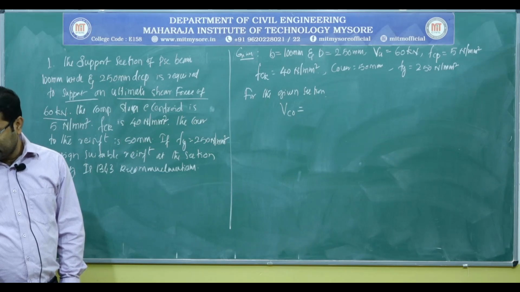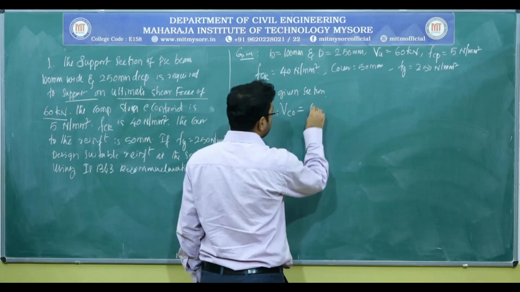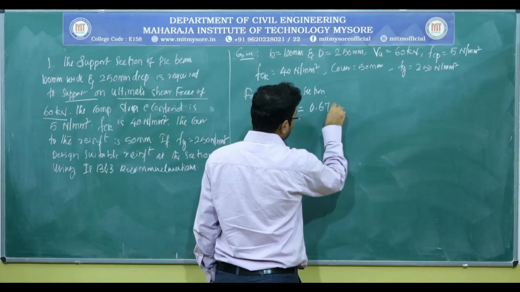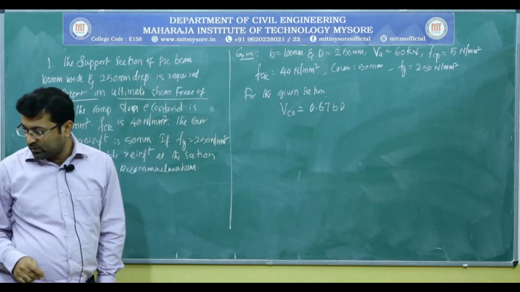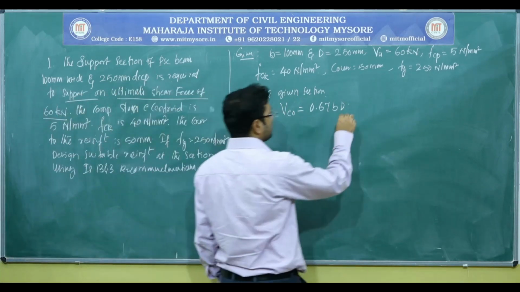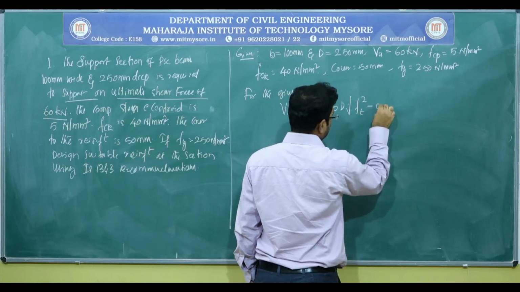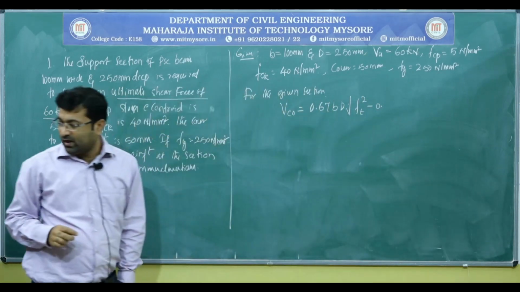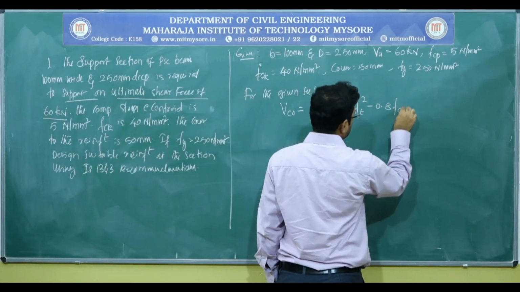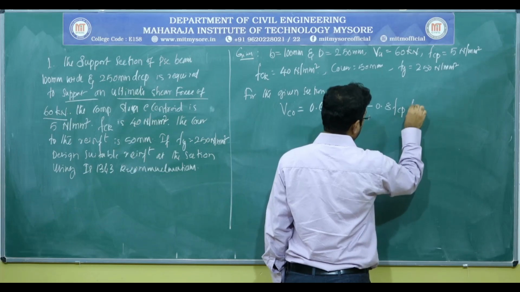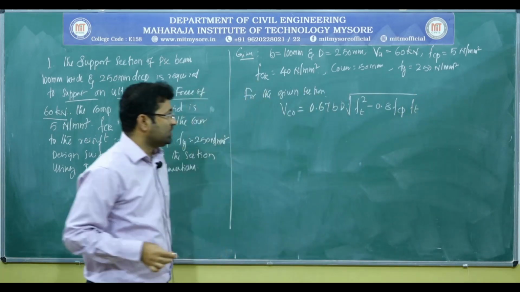So for that we have the formula: 0.67 B into D under root Ft square minus 0.8 times FCP into Ft. So this is the formula, we all know it.